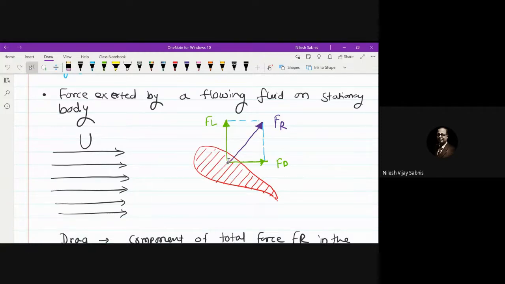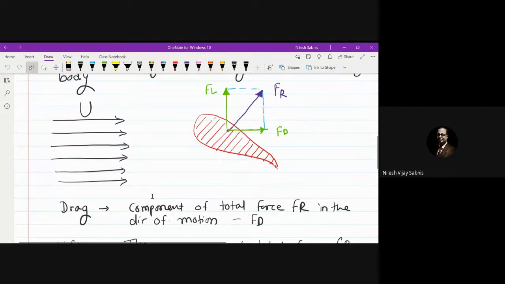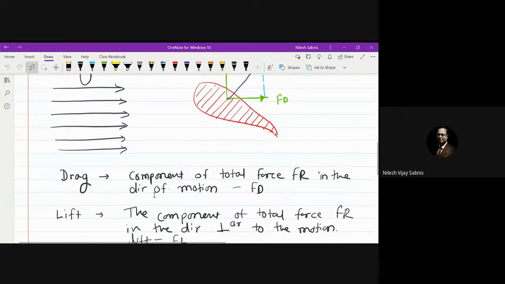One component is in the direction perpendicular to the motion. The drag is the component of force in the direction of motion, and that was the correct answer. Lift is the component of total force in the direction perpendicular to the motion.